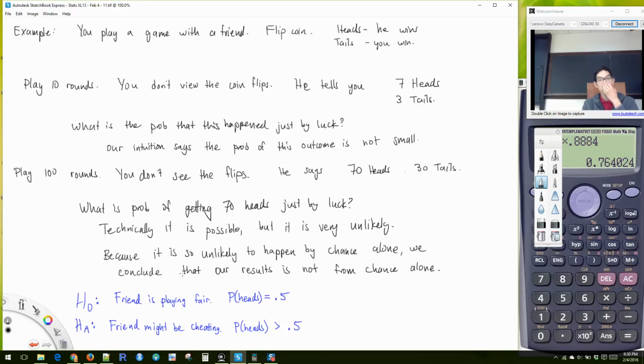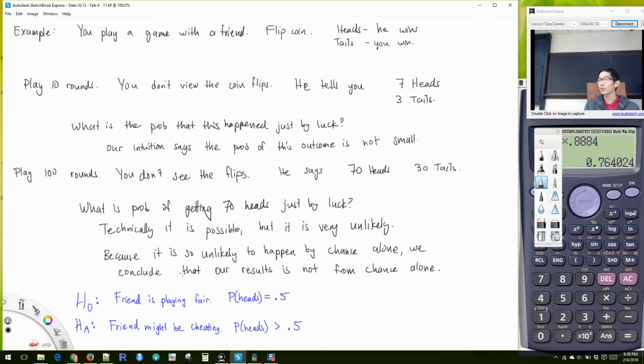So we are just asking, okay, if I give you the benefit of the doubt, how likely are you to get 7 heads out of 10? Well, it happens with a decent amount of probability. Does that prove that he's playing fair? No, he could be cheating.